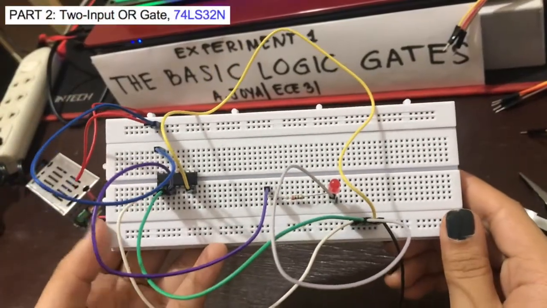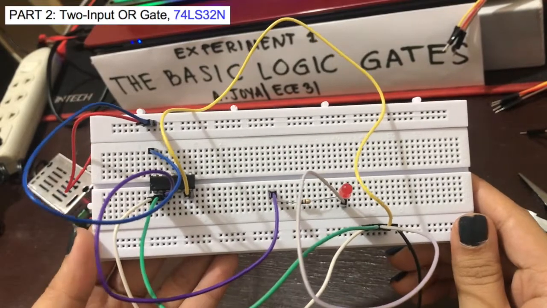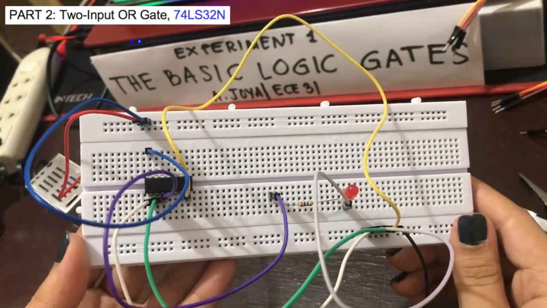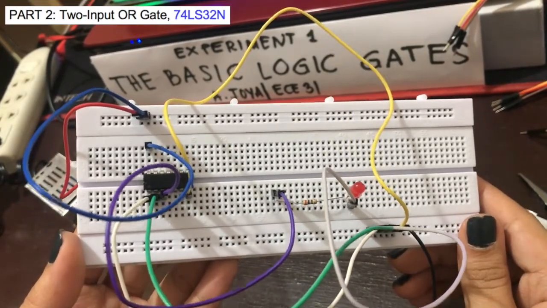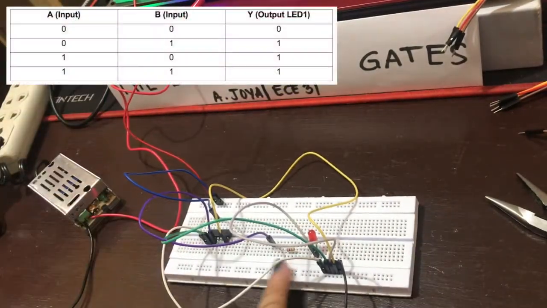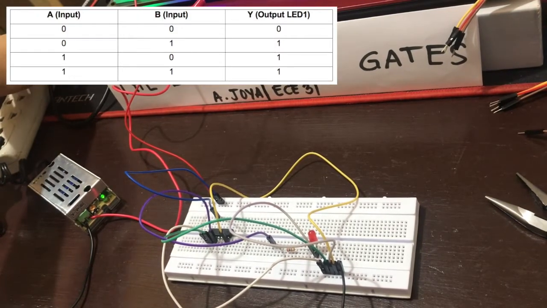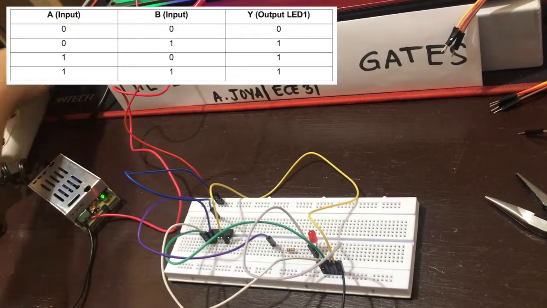Part 2, examining the basic operations of OR gate. This is the circuit of a 2-input OR gate with a 74LS32 IC. So when inputs A and B are both 0, output is 0.